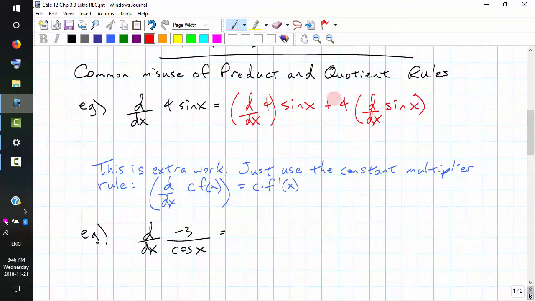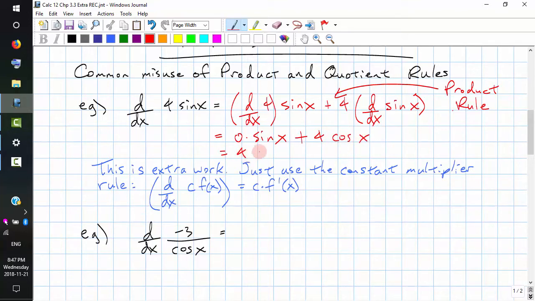Again, we are using the product rule. Some people will mistakenly forget this second term in the product rule and just do the first term. They end up with 0 times sine x, and leave it at that, which gives you 0, which is incorrect. We need the second term, 4 times the derivative of sine x, that's cos x, and we're left with 4 cos x.